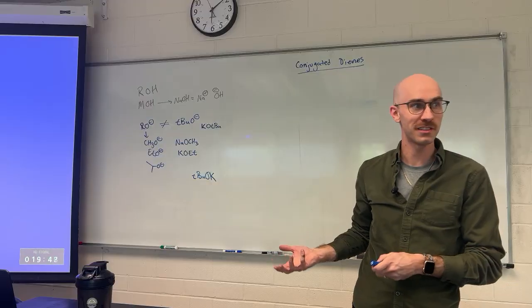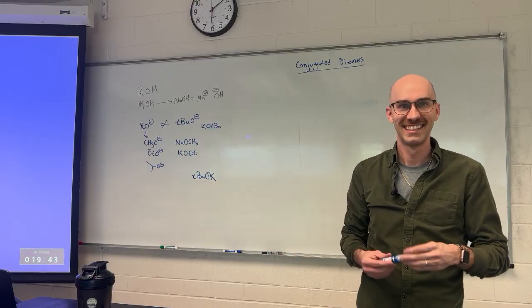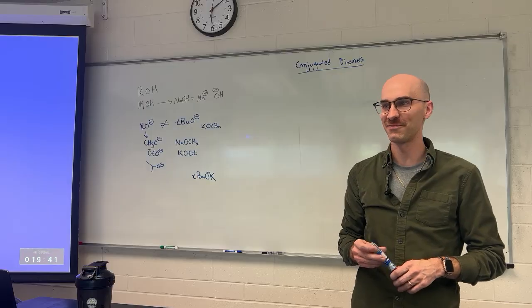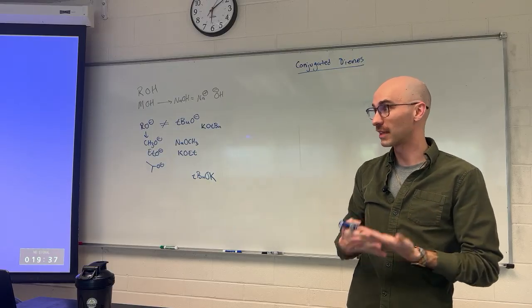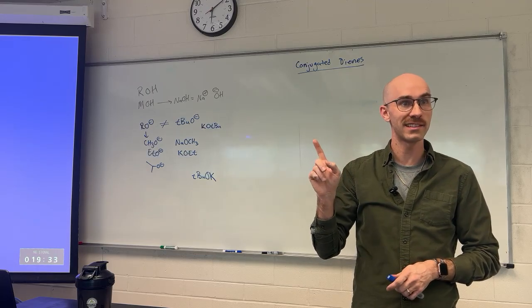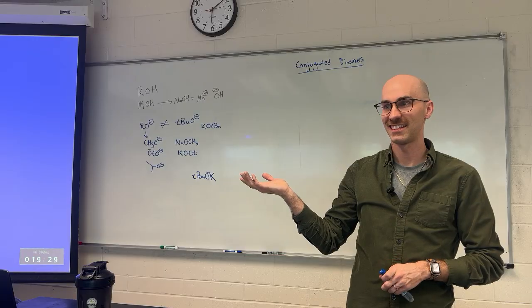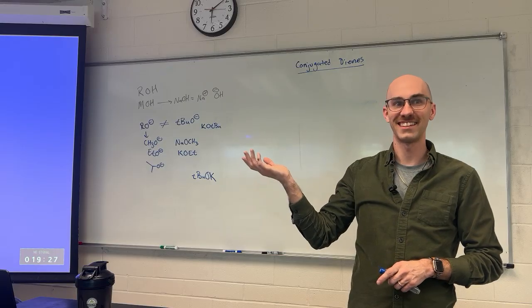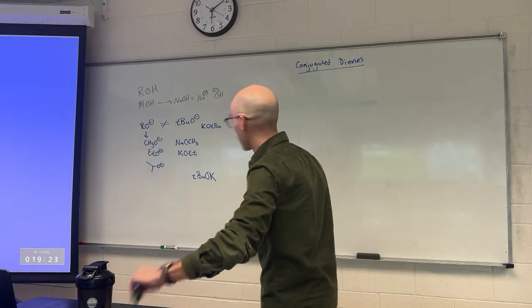Conjugate your verbs, conjugate your acids and bases. It means there's some relationship between the dienes, and here the relationship starts with an R, resonance. These dienes are in resonance with each other.